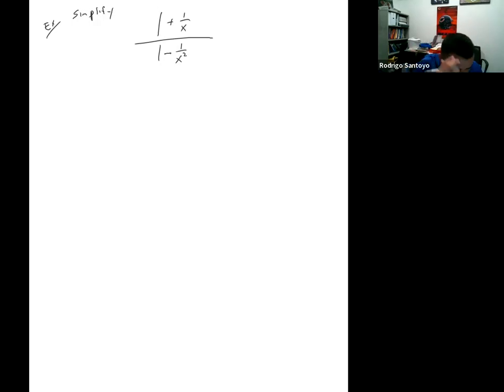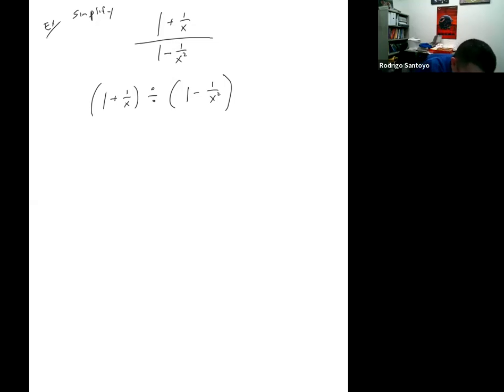All right, so we're going to rewrite this. All right, 1 plus 1 over x, dividing that by 1 minus 1 over x squared. And it pretty much looks like our previous example. The only difference is instead of numbers in the denominator, we have some letters.